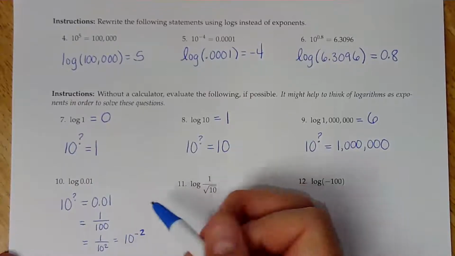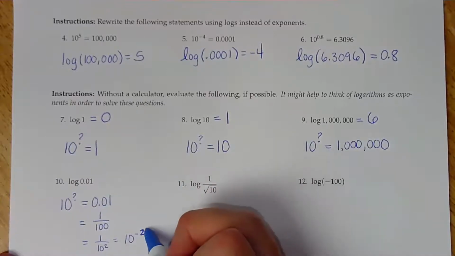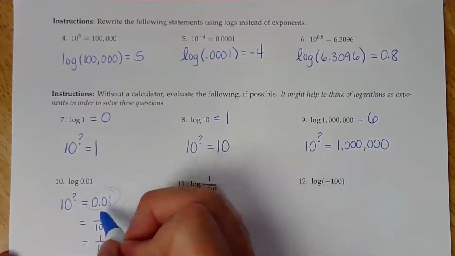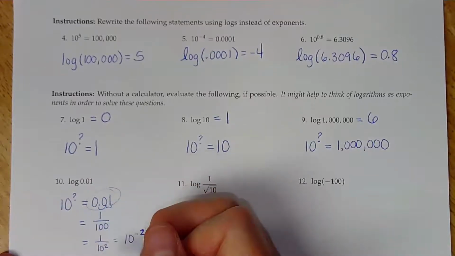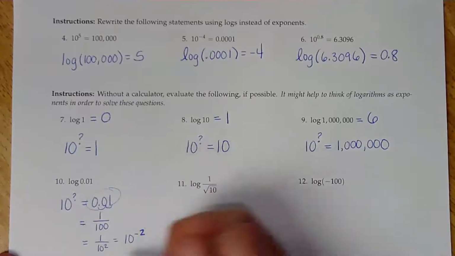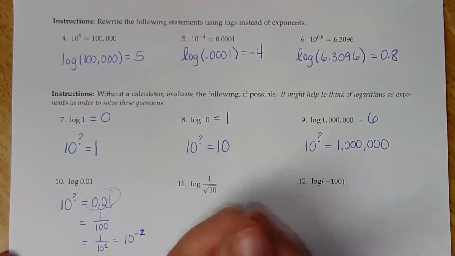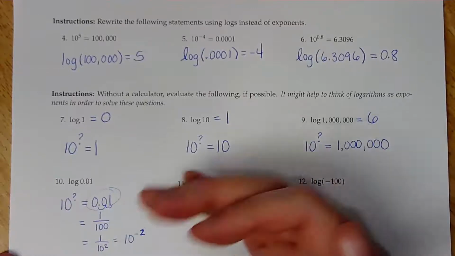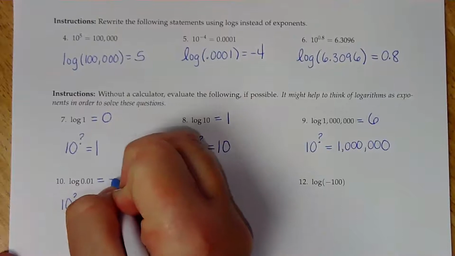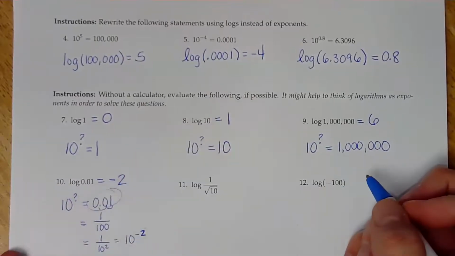However you can wrap your head around this decimal, some people go, oh, I just had to move the decimal over 2 places, so that would make it a negative 2. However you can rationalize what that 0.01 looks like as 10 to the something will work. So this answer here is negative 2.